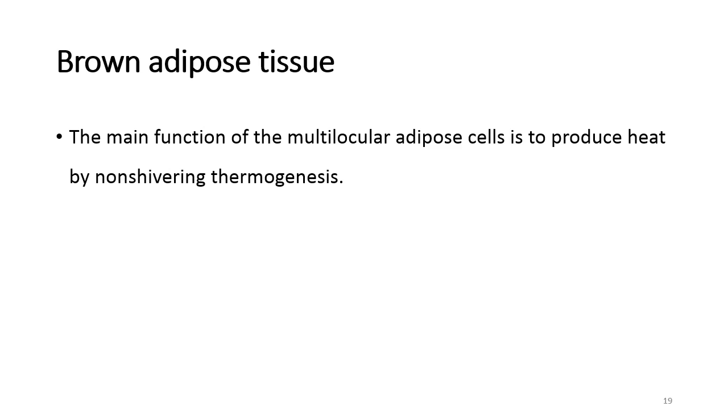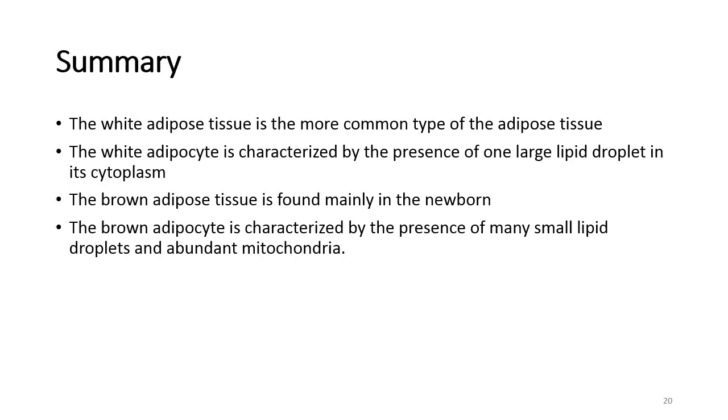This non-shivering thermogenesis is mainly due to the characteristics of the multilocular adipocytes, which are the presence of abundant mitochondria, many small lipid droplets, and rich vasculature. All of these play a great role in heat production.